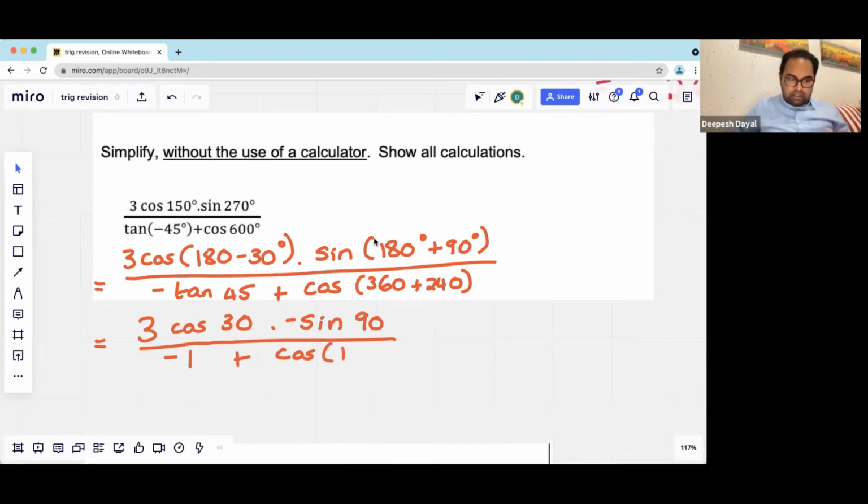It's actually cos 360 plus 240. So it's actually cos 240, so it will become cos 180 plus 60, which will then give us 3 cos 30. Your sine 90, you'll have to check that on your diagram.